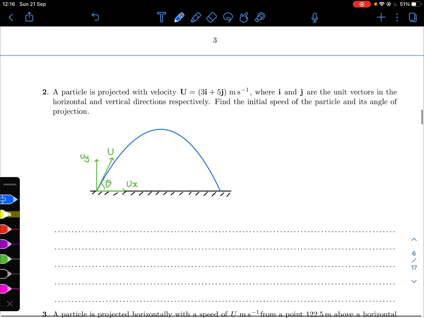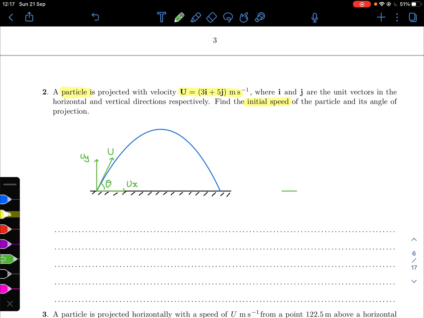Moving on, a little bit more going on in this one. As usual, we've got a particle. This time we're given a vector to represent our initial velocity. And then we've got to use those kind of in the reverse of what we just did to find the initial speed, this value of u, and its angle of projection, so the theta that I've already put on my diagram.